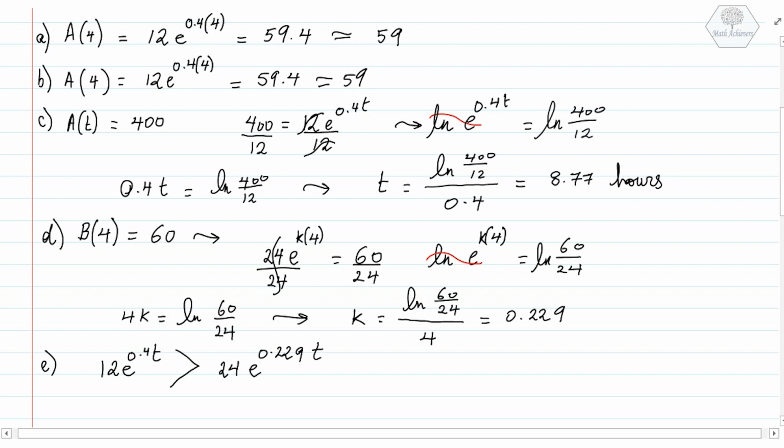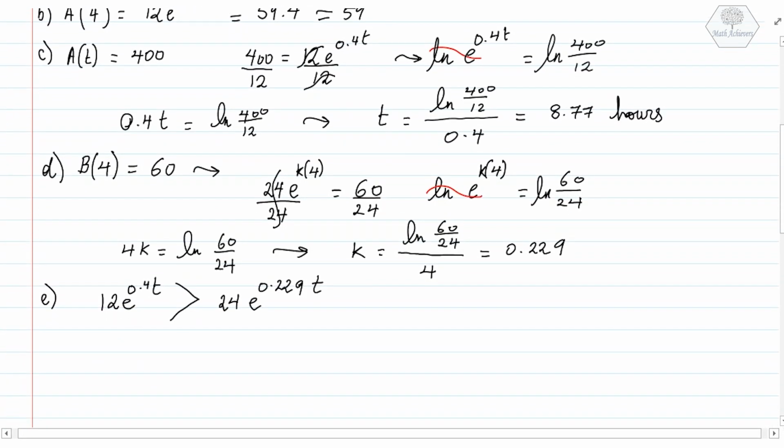I want to find the value of t such that function A is greater than function B. To continue, first divide both sides by 24.